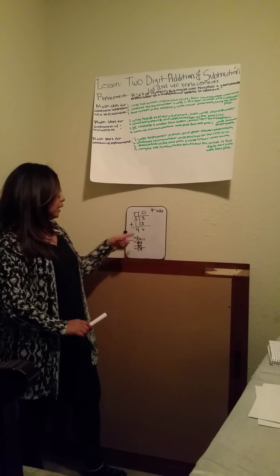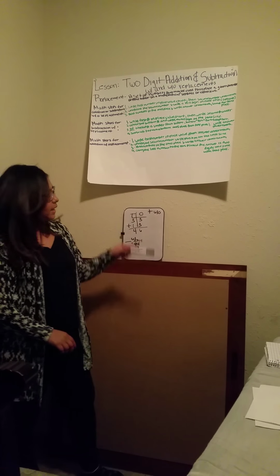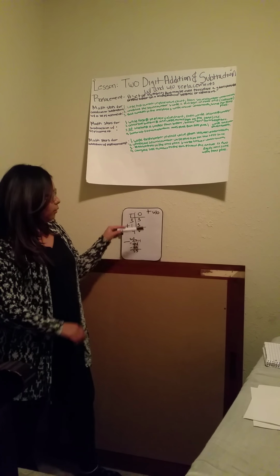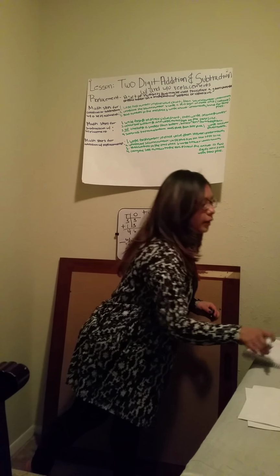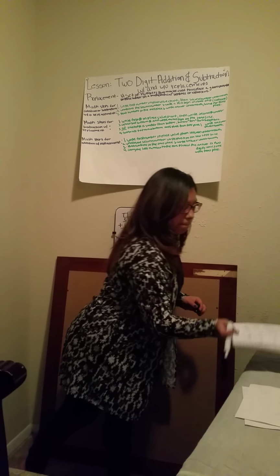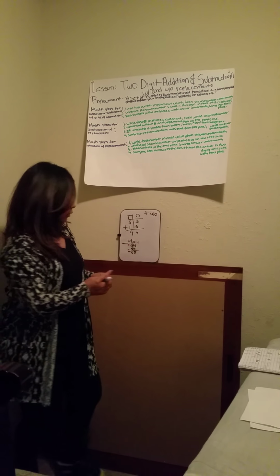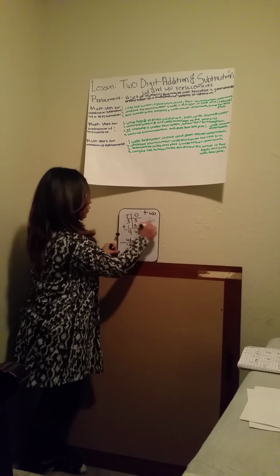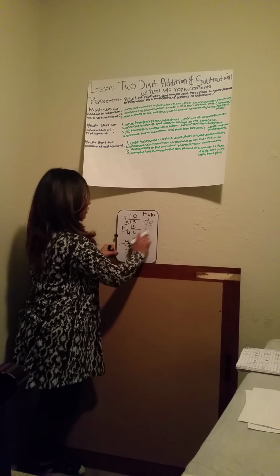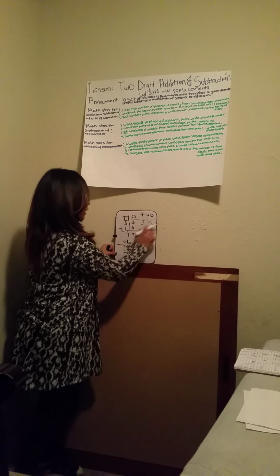So let me go ahead and just do one more example of the without for the addition. Let's do 51 plus 14. So you might want to start out with actually doing the chart. Let's go ahead and start that over. Sorry, guys.